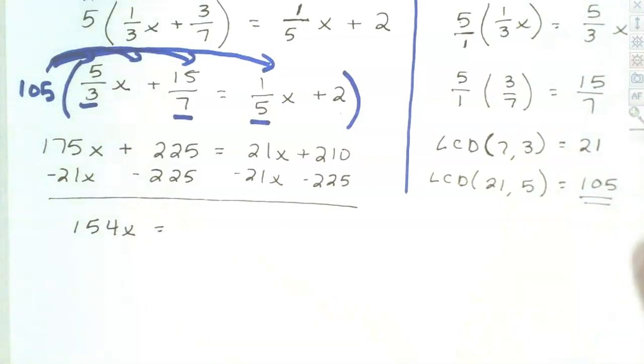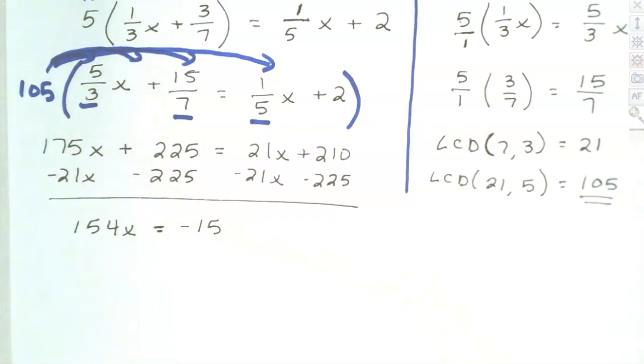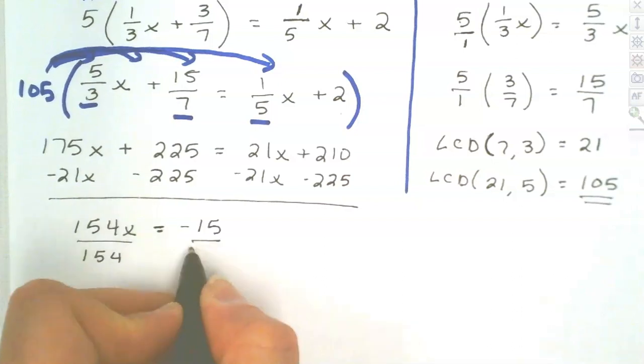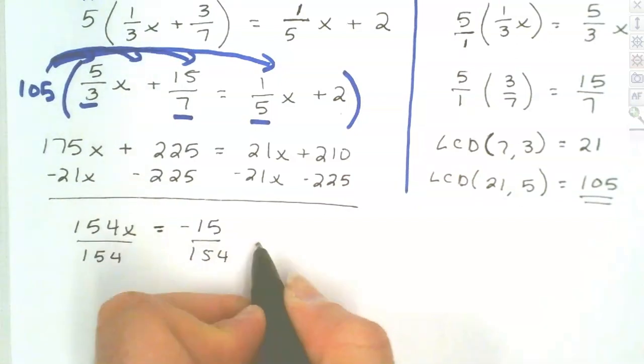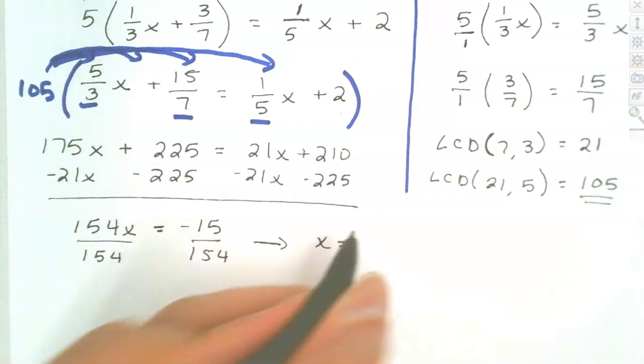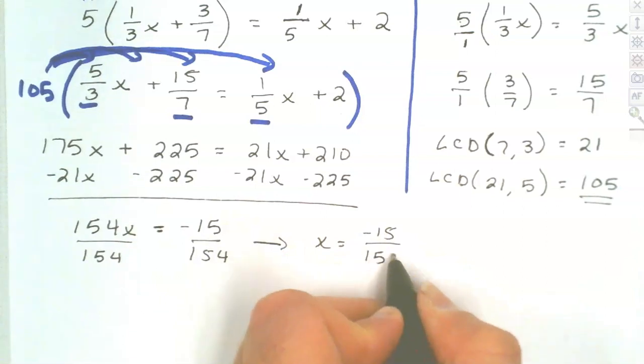We're going to move that 225 over. So 210 minus 225 gives you minus 15. We're going to now divide by 154. And that leaves us our final answer: x equals negative 15 over 154.